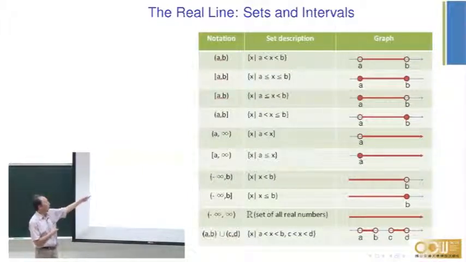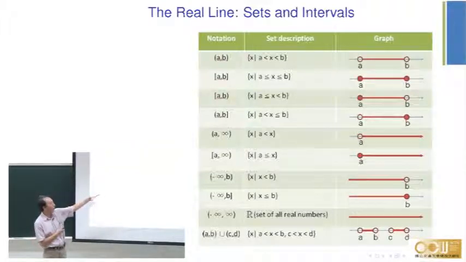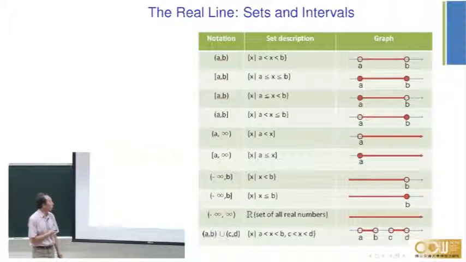And the second one is the closed interval [a, b]. We use bracket notation to represent that the endpoints are included in this set. For the graph, you use solid dots. These two are the half-open intervals.